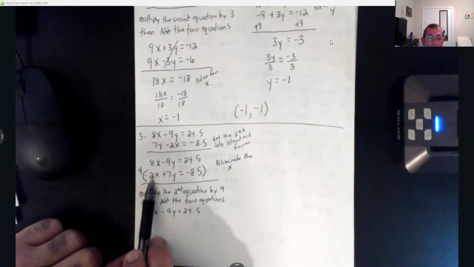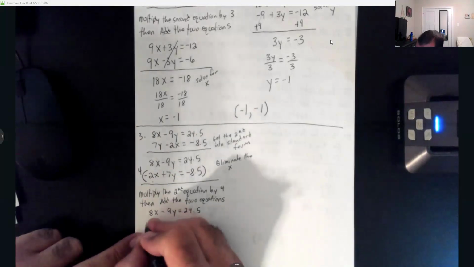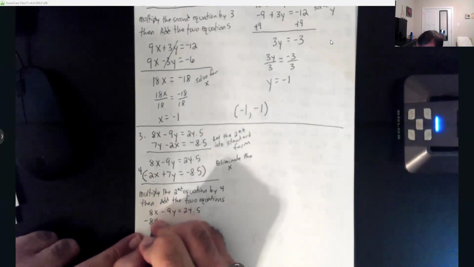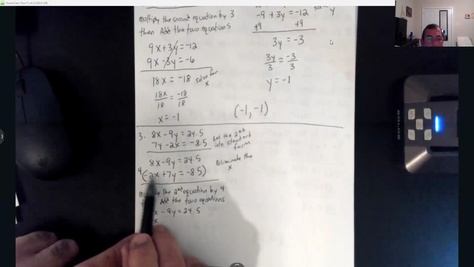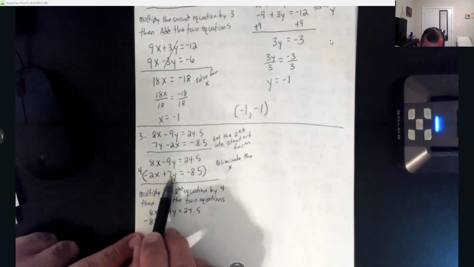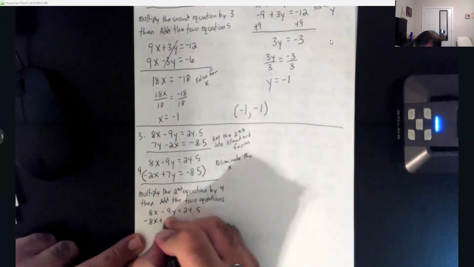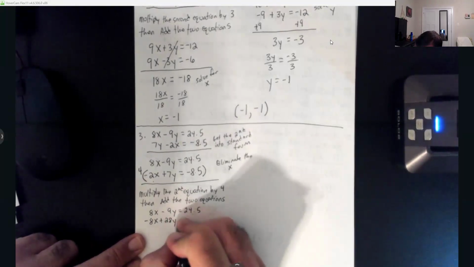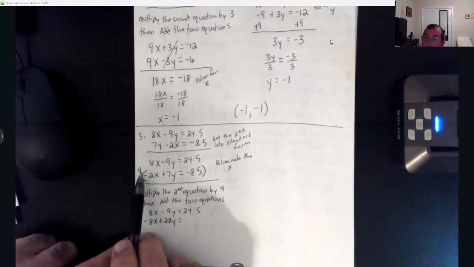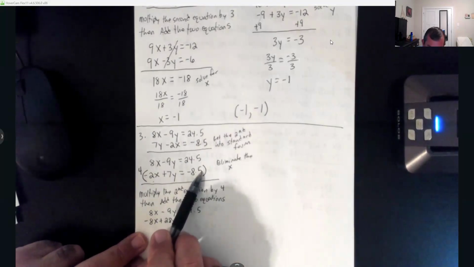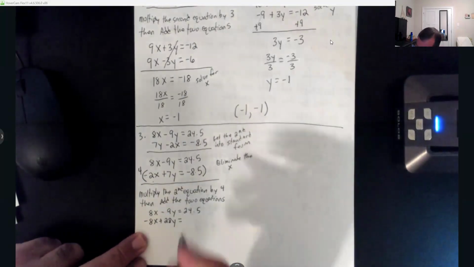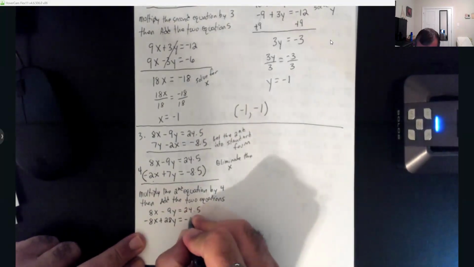So 4 times -2x gives me a -8x. 4 times 7y gives me 28y. And then that'll equal 4 times -8.5. That gives you a -34.